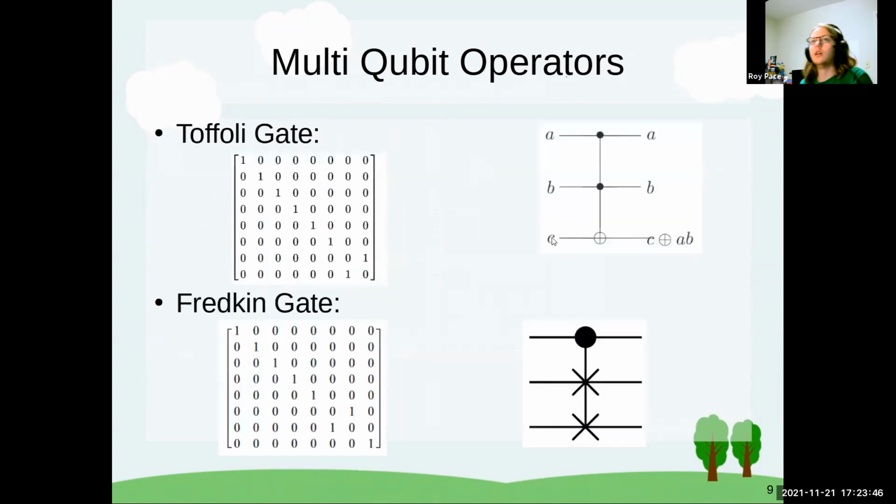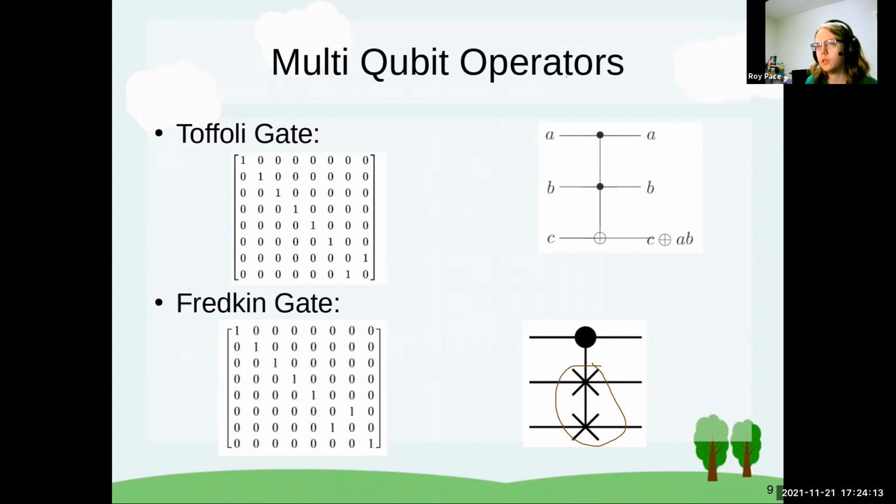Next we are looking at some 3-qubit gates, the Toffoli and the Fredkin gate. I didn't go over the swap gate, but this symbol means you swap the states. So the Fredkin gate is just a controlled swap.